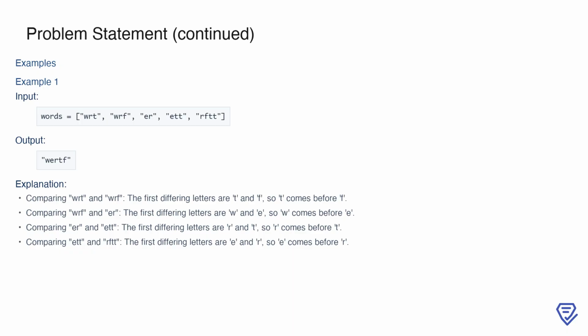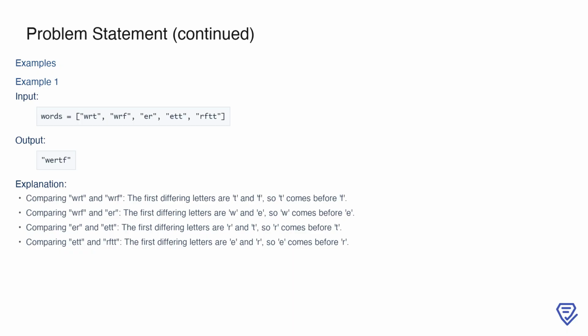In the first example, we have the input words wrt, wrf, er, ett, and rftt. The output is wertf. This order is derived by comparing adjacent words. First, comparing wrt and wrf, the first differing letters are t and f, so t comes before f. Next, comparing wrf and er, the first differing letters are w and e, so w comes before e.